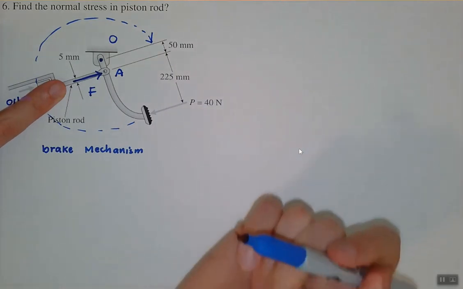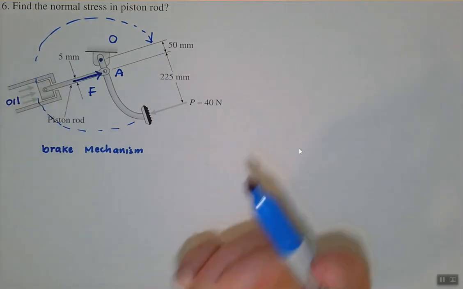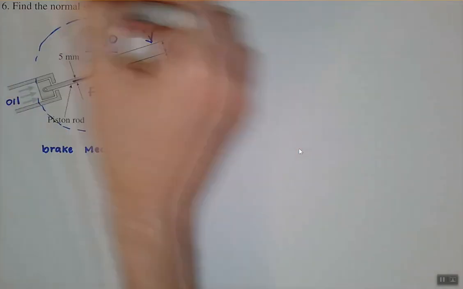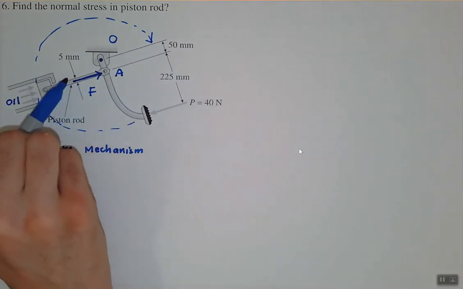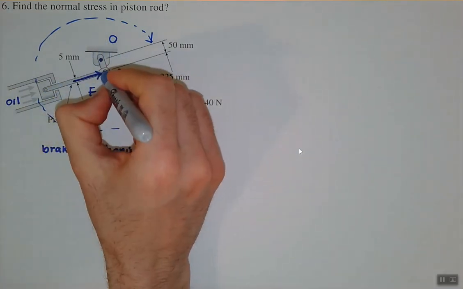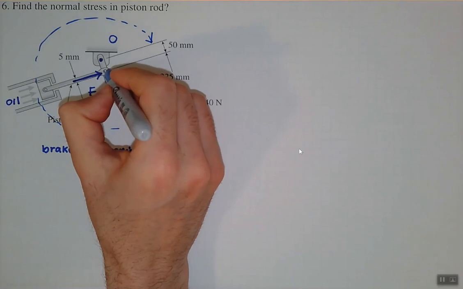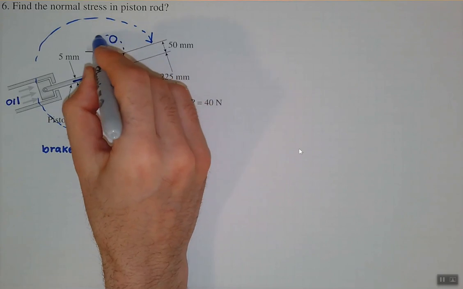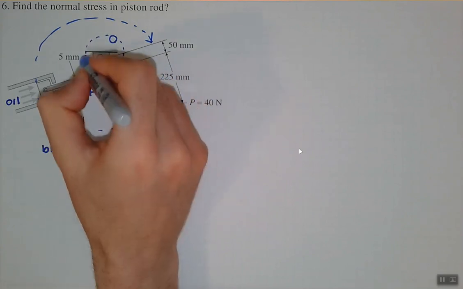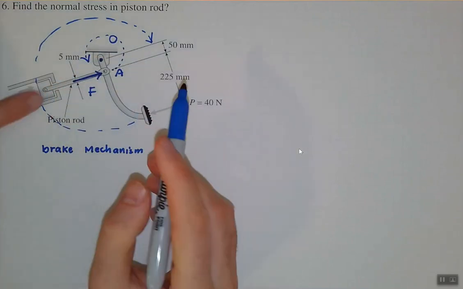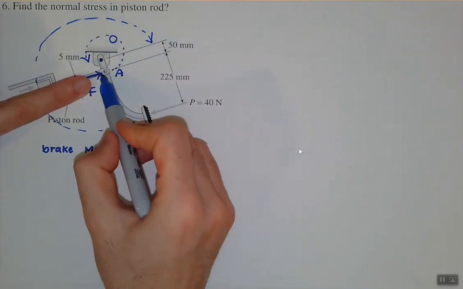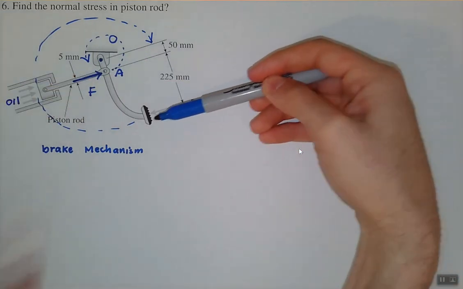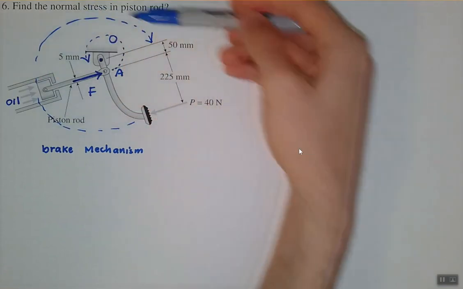Otherwise it wouldn't be a static problem, it would be a dynamic problem if the whole thing starts swinging, right? This load stops the whole thing by creating a counter moment about this point O. This load wants to swing everything back counterclockwise, while this load P wants to rotate everything clockwise.